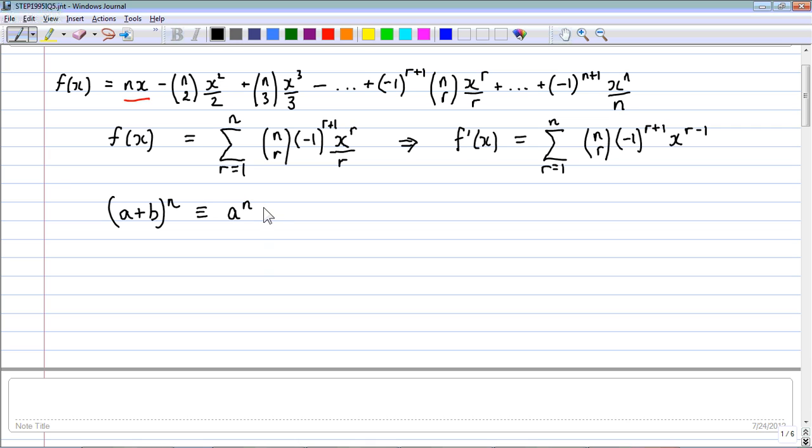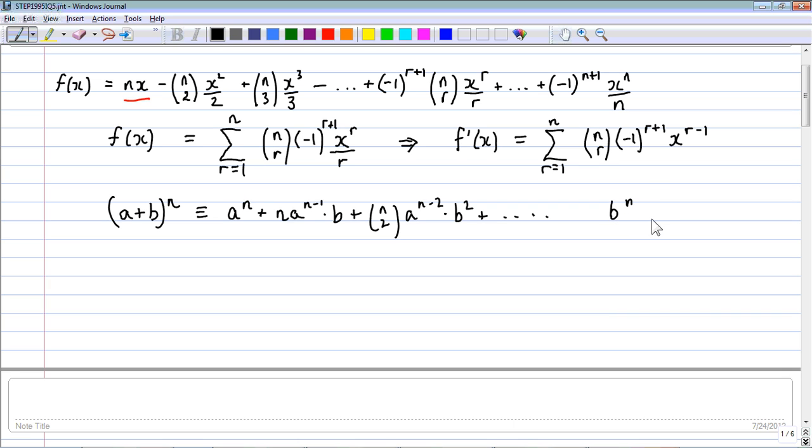If the power n is a natural number, which we assume it is in this question, as I said, because they're using n choose r notation, which only works with positive integer values of n, then we have this kind of pattern: a to the n plus n choose 1, a to the n minus 1 b plus n choose 2, a to the n minus 2 b squared, and so on, the pattern continuing up to b to the n at the end.